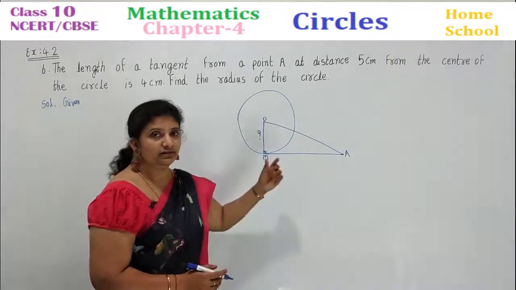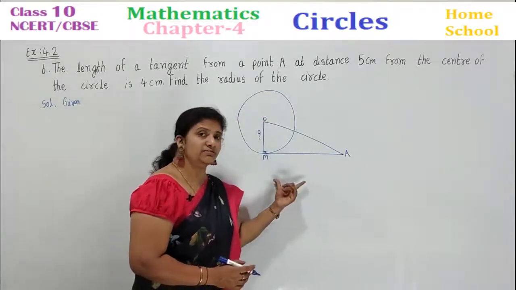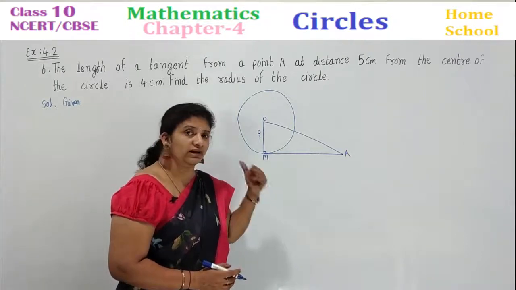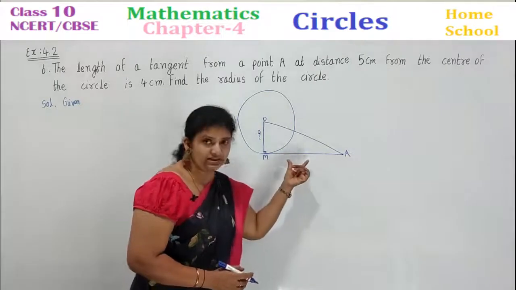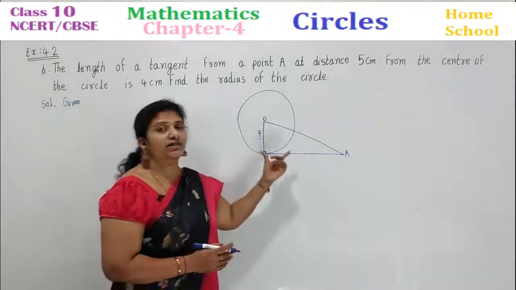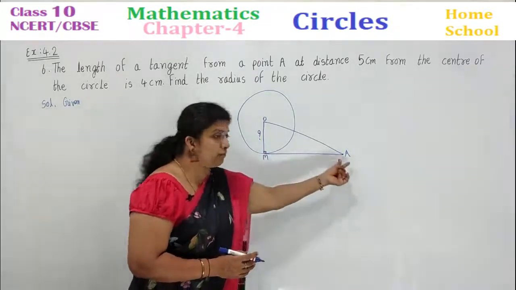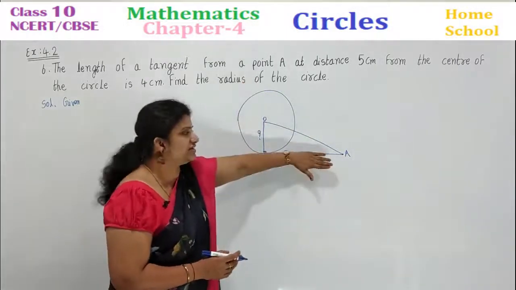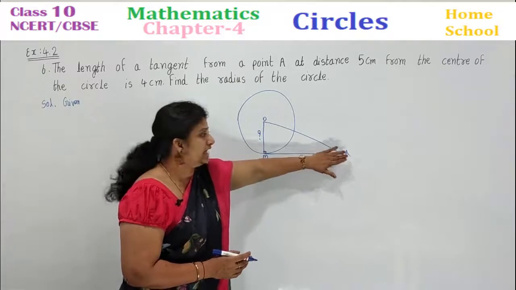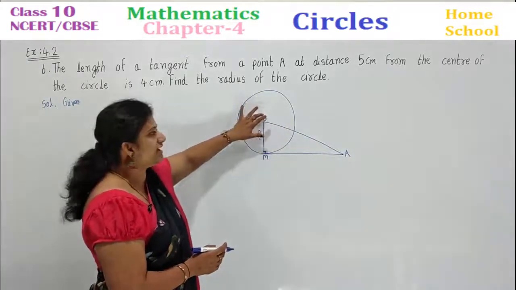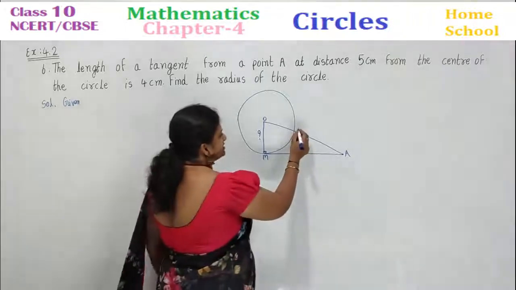Most of the people will get confused and write 5 centimeters here. Understand the problem carefully. The length of the tangent from a point A. They stop this sentence. And this point A is at a distance of 5 centimeters from the center.